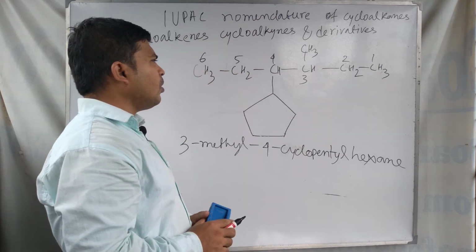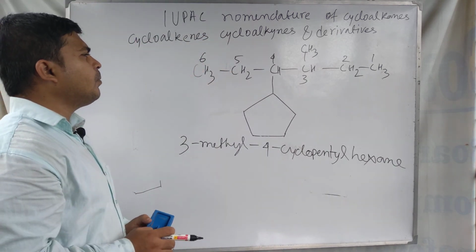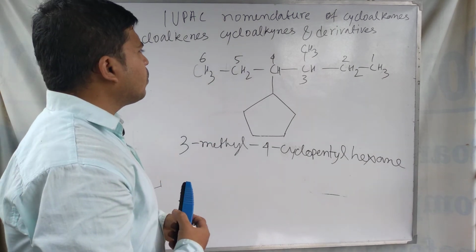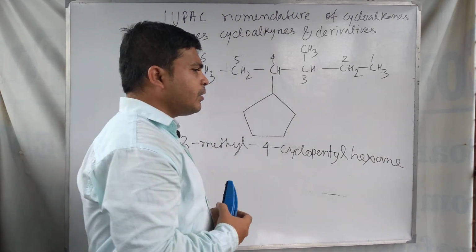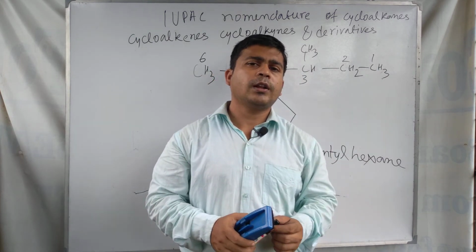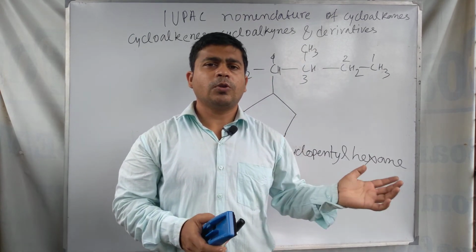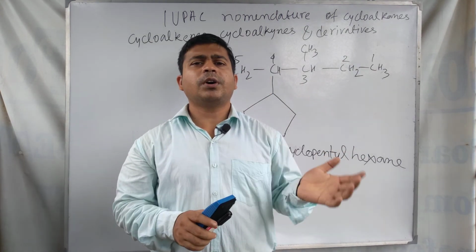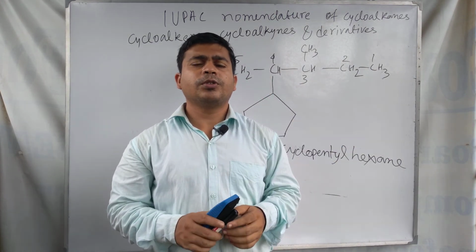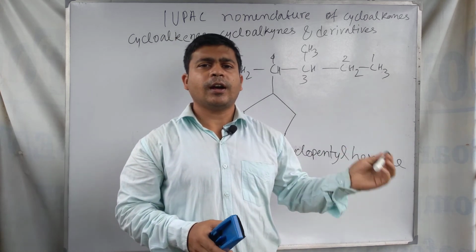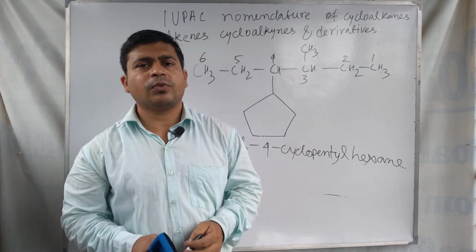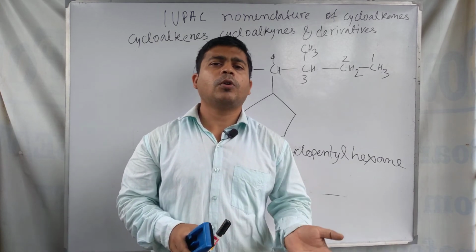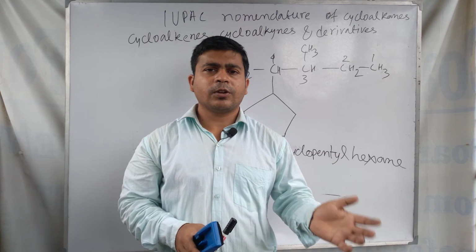So you can write the IUPAC name of these cycloalkanes by first numbering them using the same concepts as in other cases: the functional group gets the lowest number, substituents get the lowest number, double or triple bonds get the lowest number.